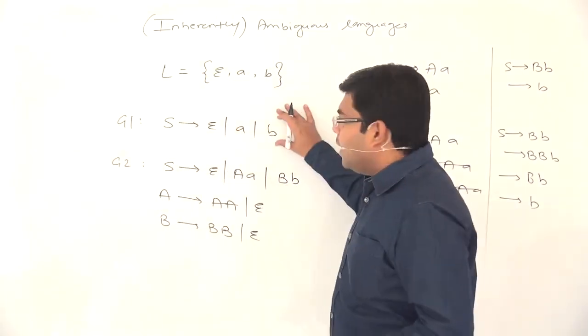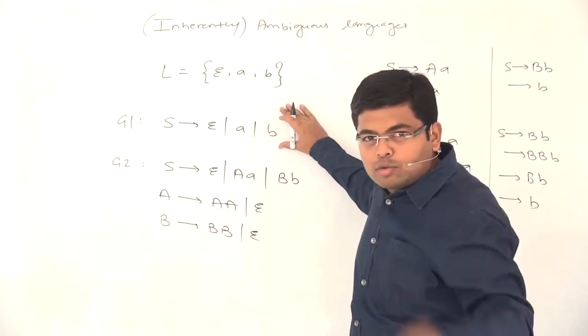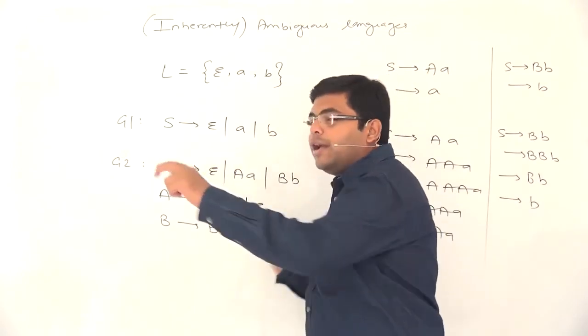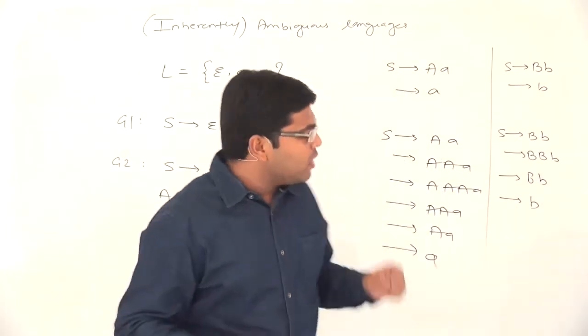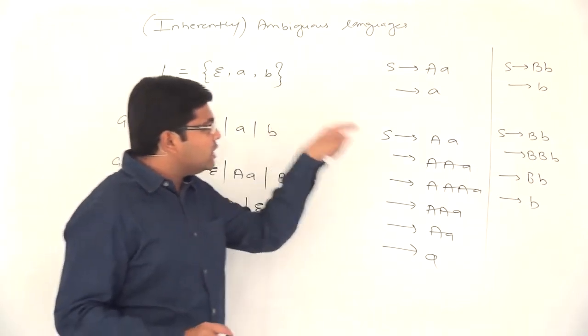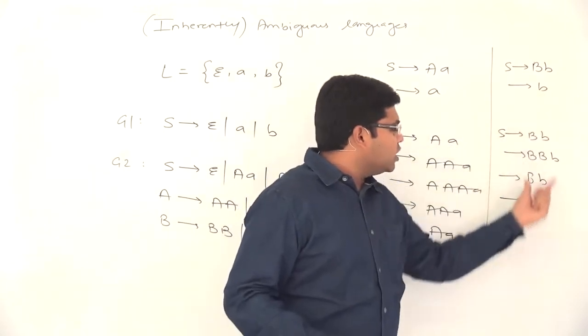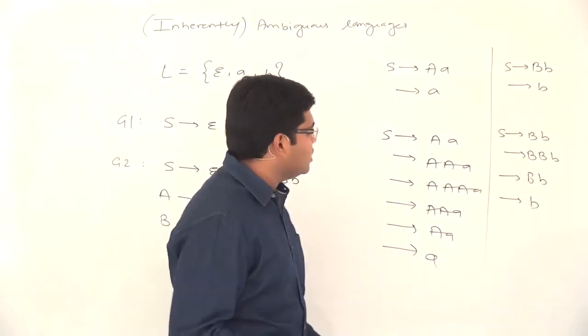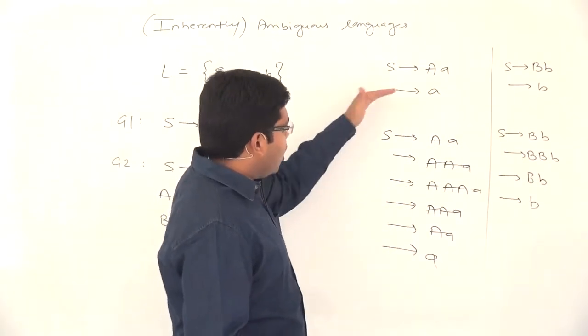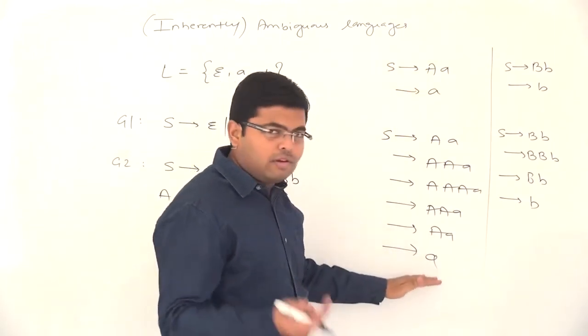All the strings will have a unique leftmost derivation, a unique rightmost derivation, and a unique derivation tree. However, as far as grammar G2 is concerned, you can see that a can have multiple derivations. Similarly, the string b can have multiple derivations. Now, both of them are different derivation trees.